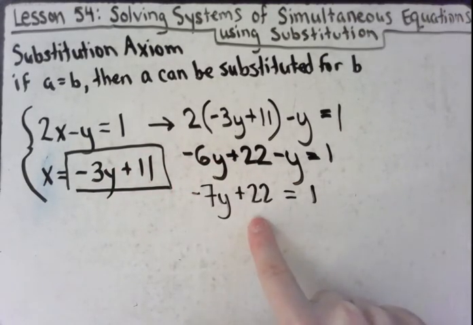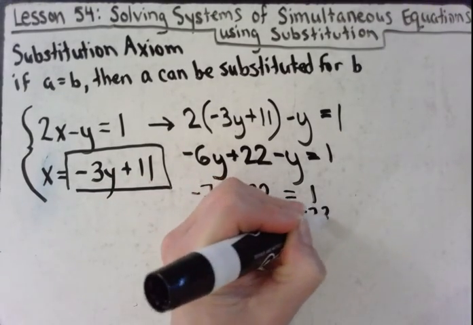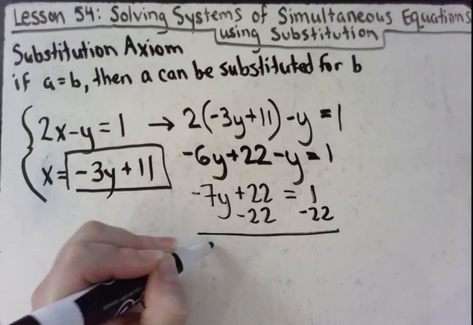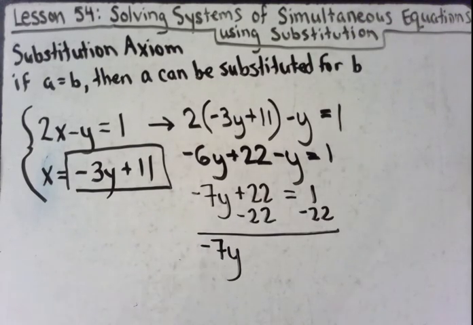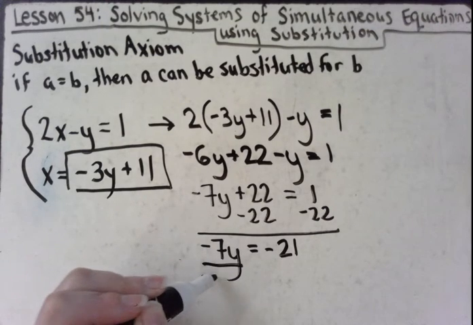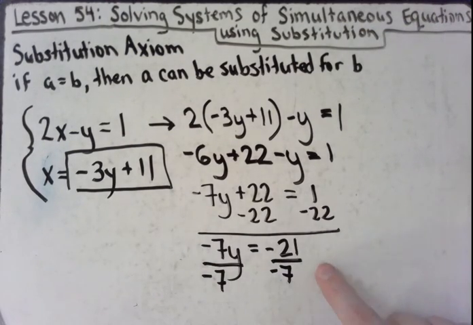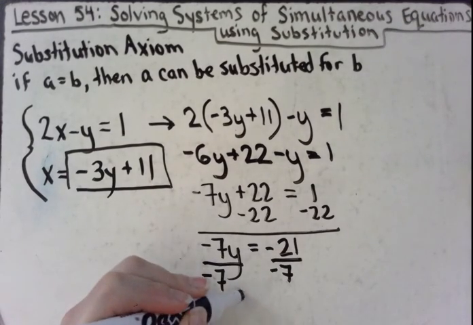Then I have to move this 22 over by subtracting it from both sides. And I would get negative 7y equals negative 21. Solving by division, I would get y is equal to negative 21 over negative 7, which is positive 3. So y is equal to 3.